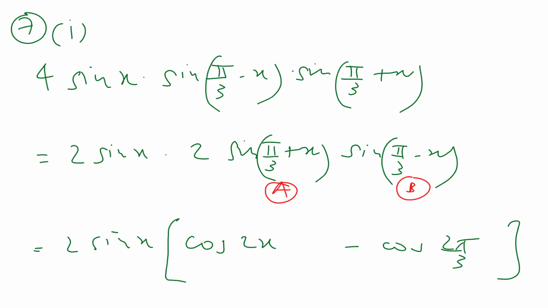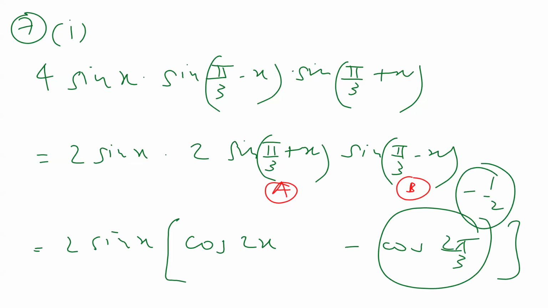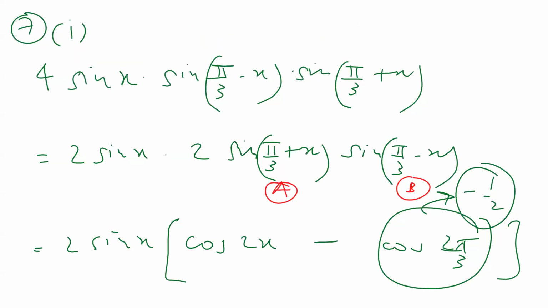Now cos 2 pi by 3 is cos 120, and cos 120 is minus half. You can do it on your own. Otherwise, calc is also there. So 2 sin x into cos x plus half. Why plus half? Because this minus and this minus will be plus.